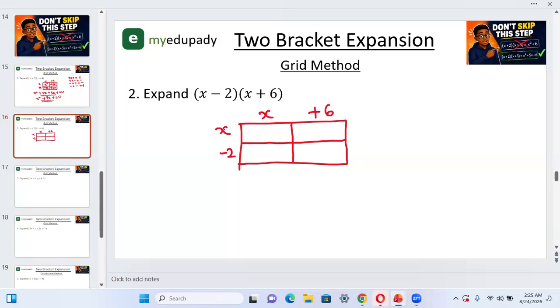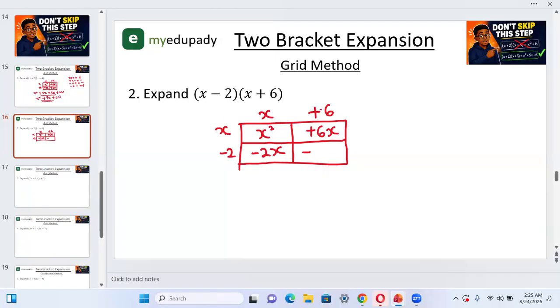So if I do x times x, I'll get x squared. X times plus 6, I get plus 6x. Minus 2 times x, I get minus 2x. Then minus times plus. The signs are different, so I get a minus. Don't forget, this applies to multiplication. So minus times plus is minus.